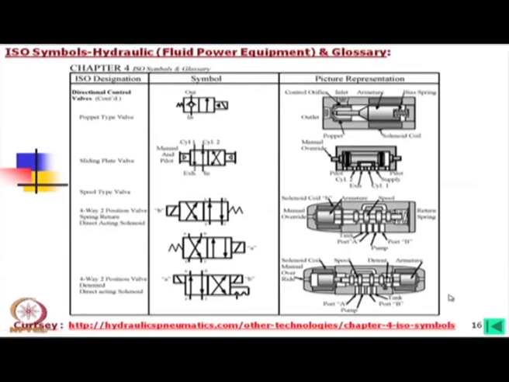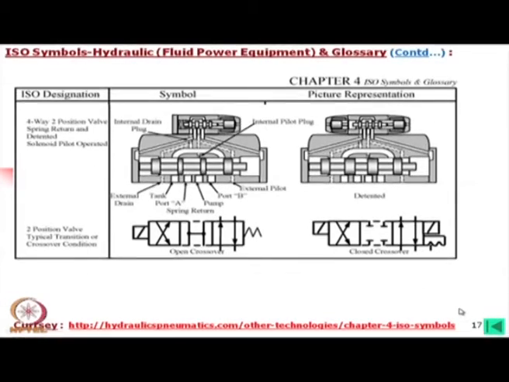We can perhaps keep it in an intermediate position also by using these two armatures together. Now, another interesting one, this is also a 4/2 position valve, spring return and detented solenoid pilot operated.